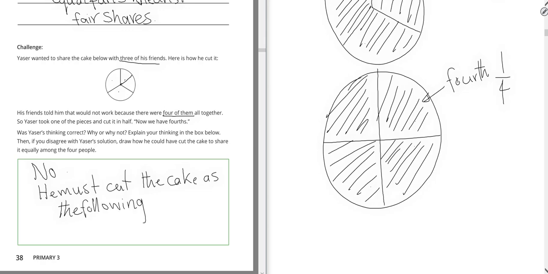He must cut the cake into 4 equal parts as this. This is a cake. We cut it like this.